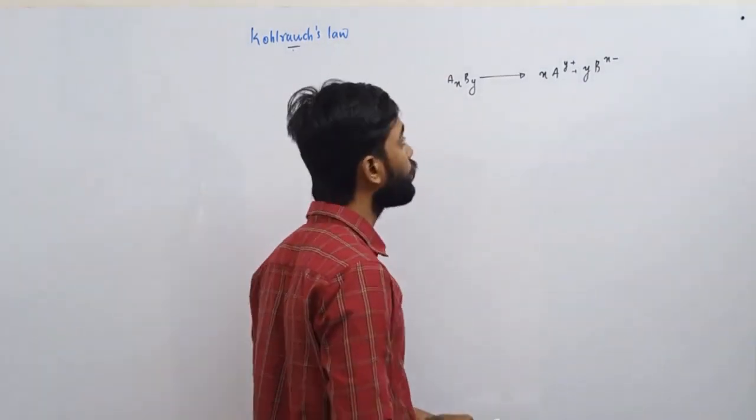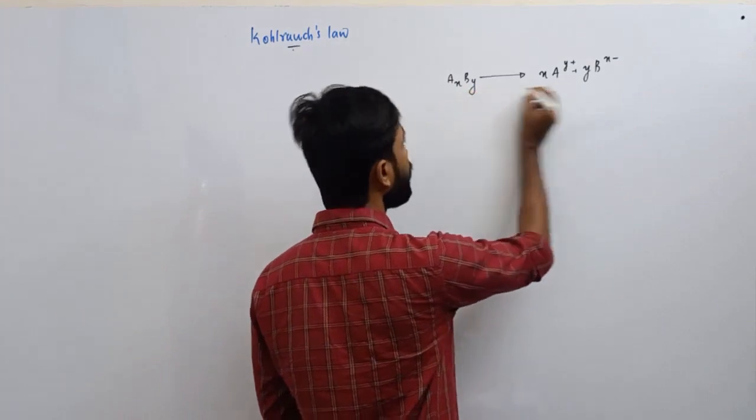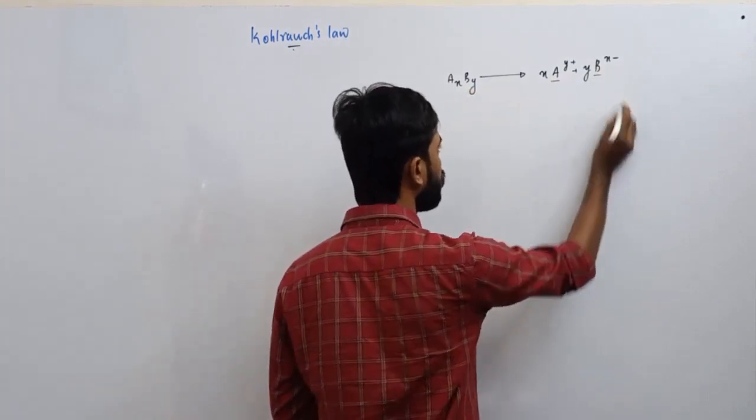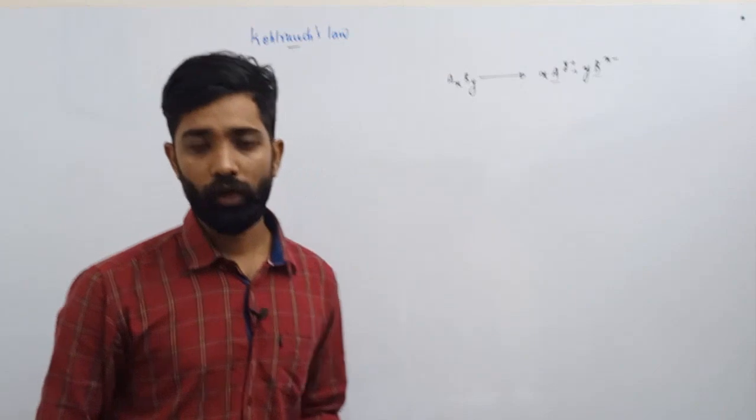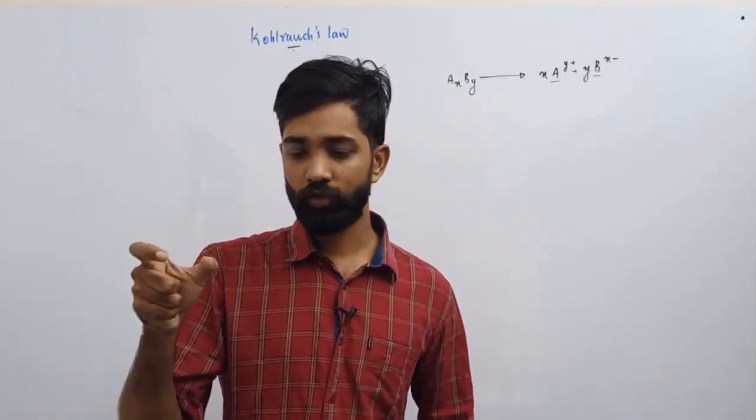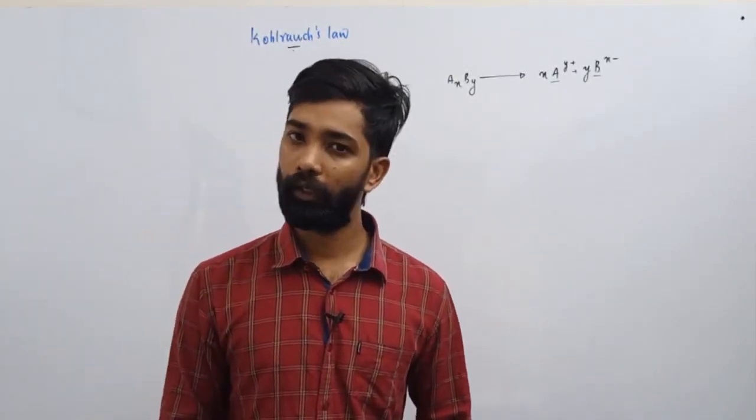So it is very clear that an electrolyte has a cation and anion, right? Every electrolyte has ions as cation and anion. Agreed?